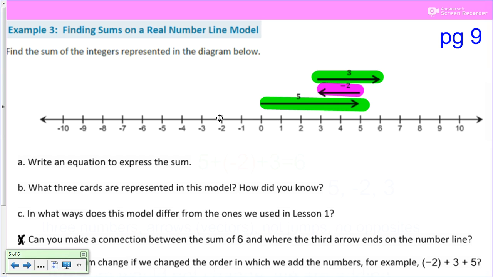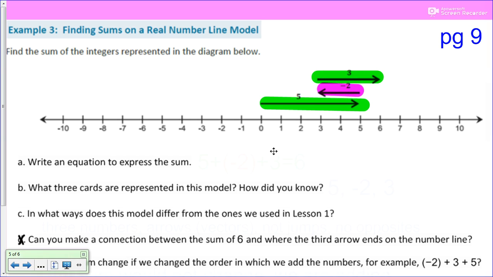Right? What we are going to do now, instead of starting with numbers and drawing a diagram, is this time we are going to start with a diagram and try and figure out what it's telling us. Alright, so we have this diagram. We have a vector 5 spaces along to the right, and then 2 spaces to the left, and then 3 spaces to the right.